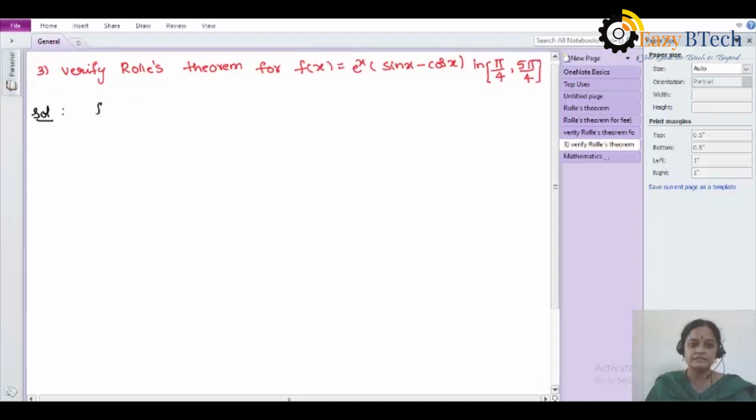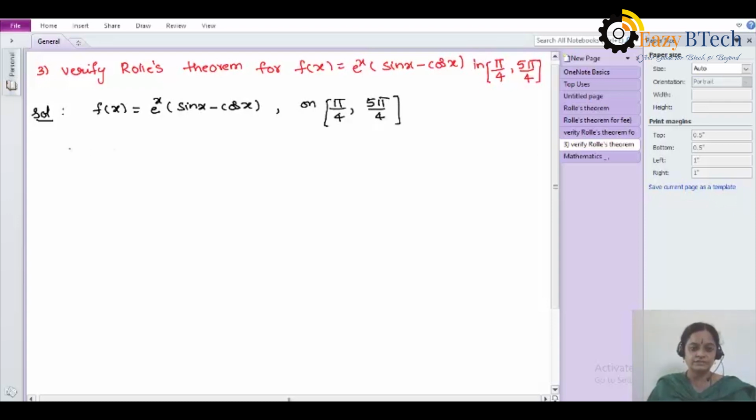So at first, writing f of x is e power x (sin x minus cos x) on the interval pi by 4 comma 5 pi by 4.